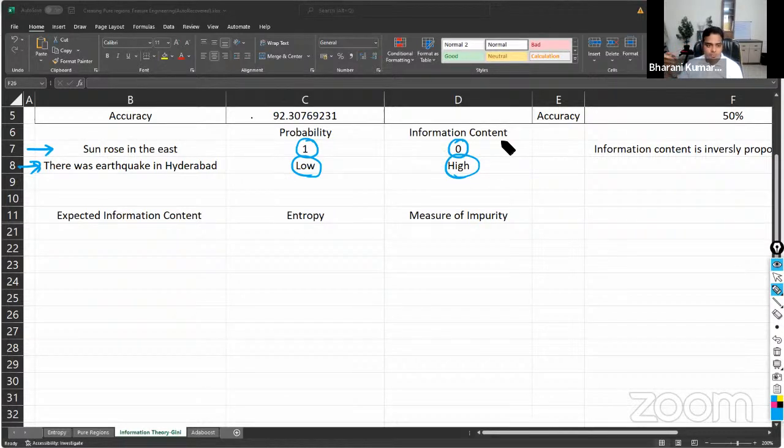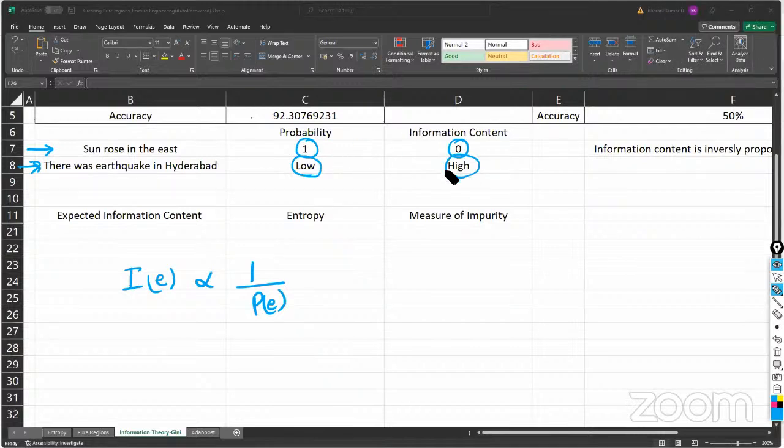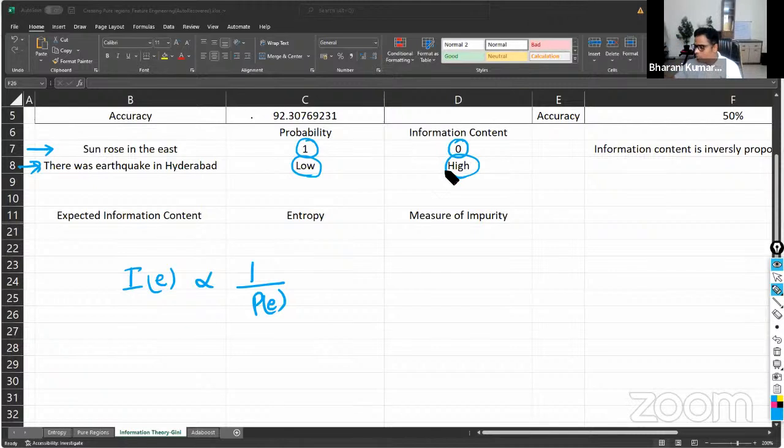Okay. So sun rose in the east, probability will be 1, right? And the amount of information that you're going to have would be inversely proportional to the probability of that event. If the probability is low, information will be high. If the probability is high, information will be low. That's how it works, vice versa.